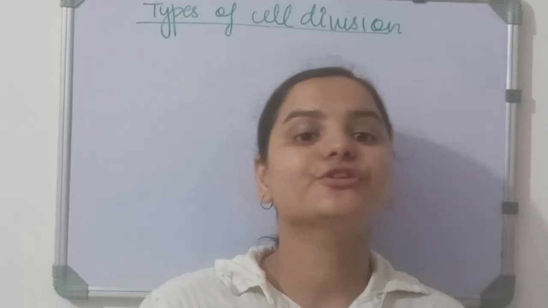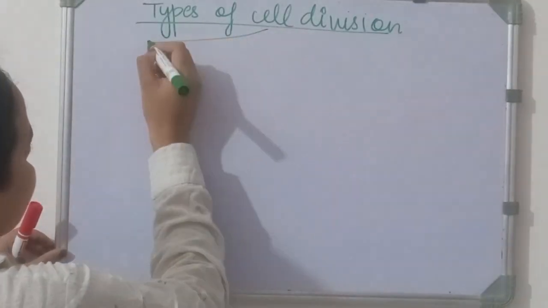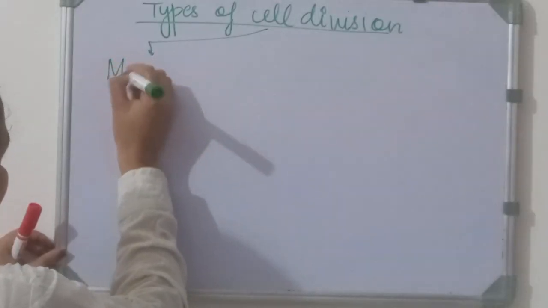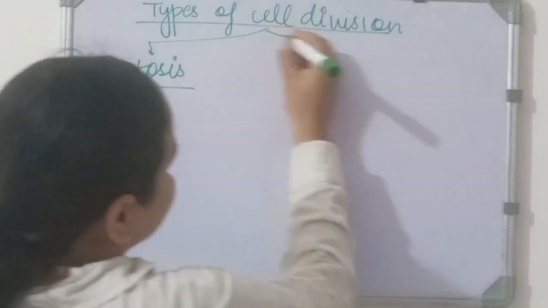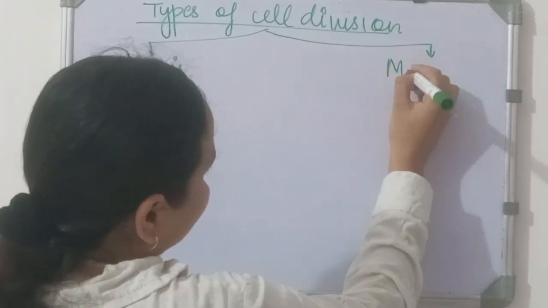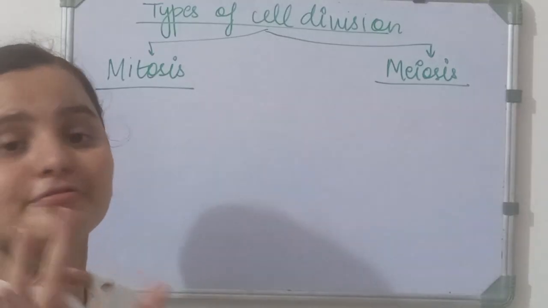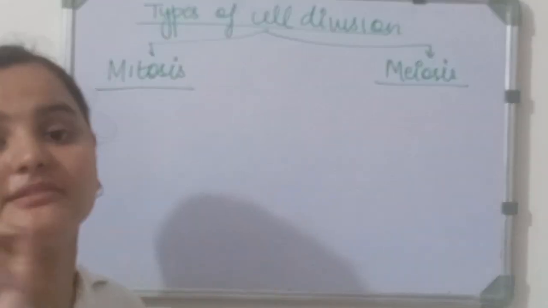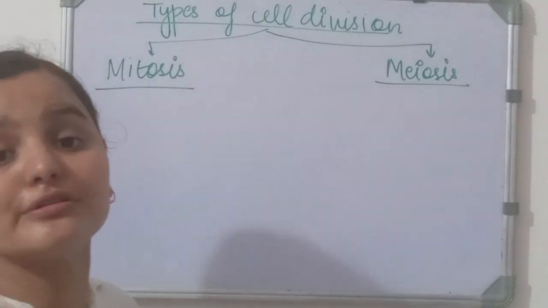Division is of two types, mitosis and meiosis. Let's see the basic common difference between them. Mitosis is used for growth and development of an organism.